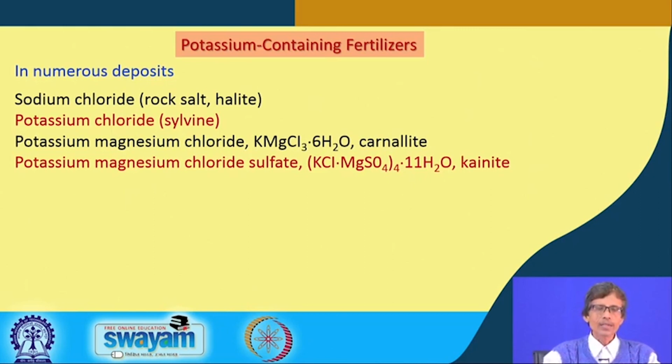In its hexahydrate form, carnallite crystallizes in pure form, and when the composition is 1:1 potassium chloride to magnesium chloride, you must be sure that you have that particular composition and it is separating as a pure salt. So, industrial processes based on these salts largely rely on crystallization or fractional crystallization.